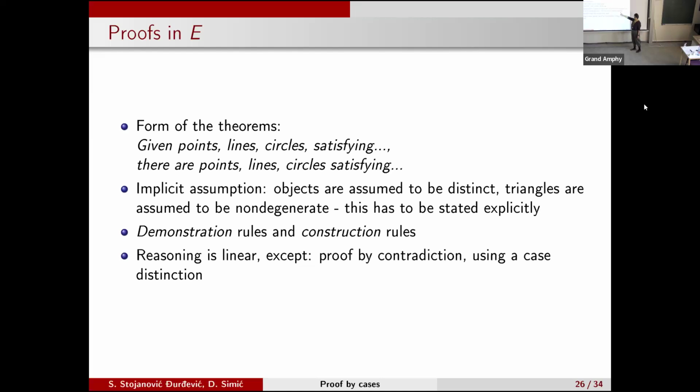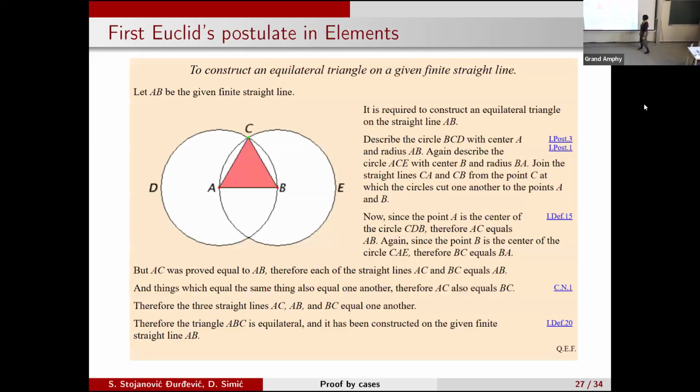They also say that every assumption that you implicitly assume now needs to be explicitly stated in the proof. They call them construction rules, which are existentially quantified rules, and demonstration rules without quantification. They say that reasoning is linear. They use proof by contradiction, but also case distinction. So it is very similar to my system.